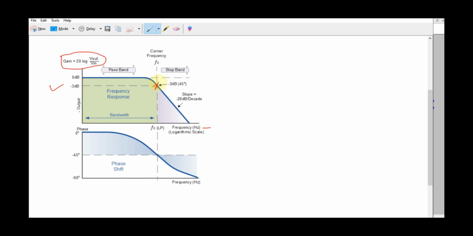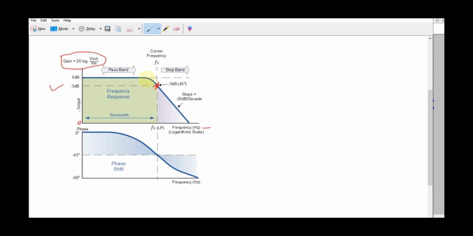A low pass filter passes frequencies up to its corner frequency, that means from 0 hertz to the corner frequency fc, it passes at the output.